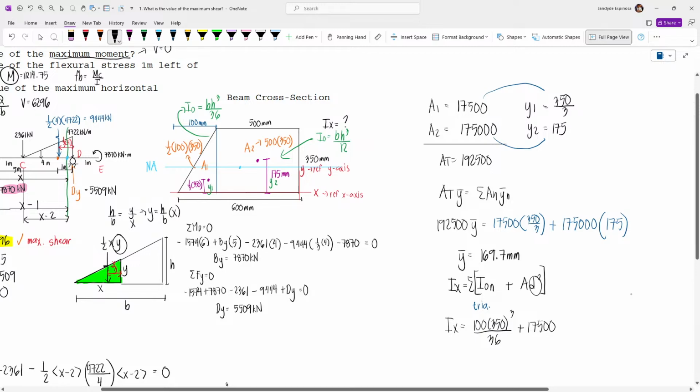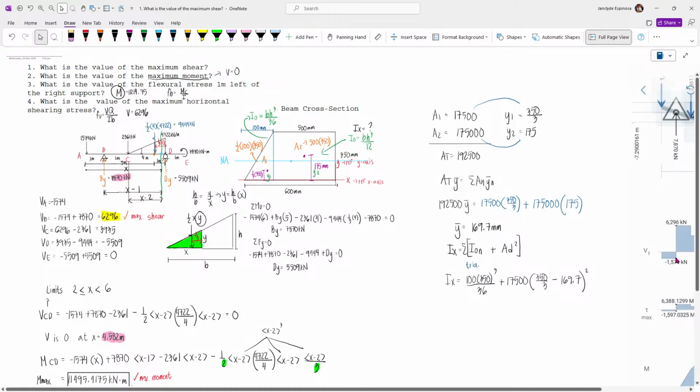And then ang D na to, kung ano na siya, ang Y1 niya, minusan mo sa board Y. So, 350 over 3 minus 169.7. And then this is squared. So, para ni siya sa triangle.